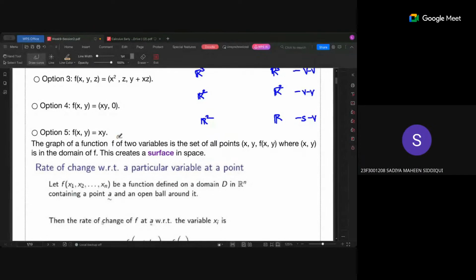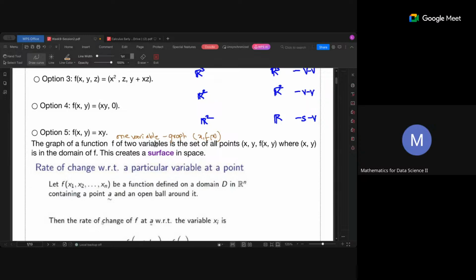The set of all points x comma f of x. So for one variable functions, the graph is the set of all x comma f of x, represented in 2D with x and y axes, the y axis usually representing the function values, f of x.